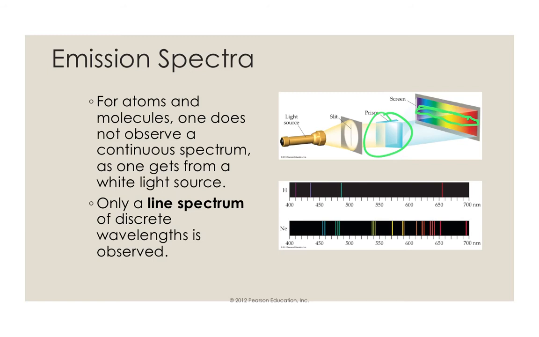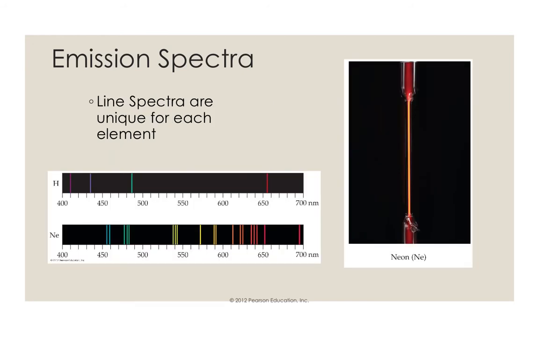When you pass electricity through gases that are elements and then put them through a prism, you don't get all of the colors of the rainbow. You get a specific set of colors, which is known as a line spectrum. And it turns out that every single element has its own unique line spectrum. You might remember doing this in 9th grade science in astronomy, because this is a way that we figure out what kinds of elements are in the stars.